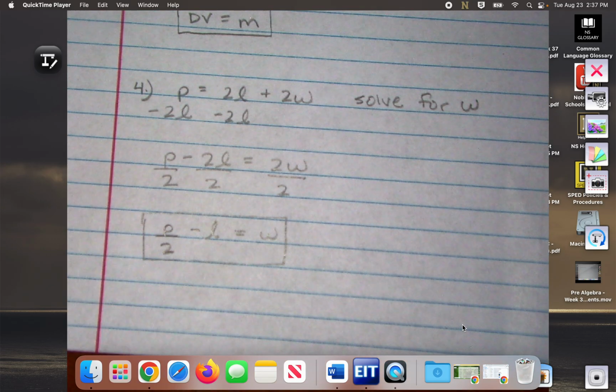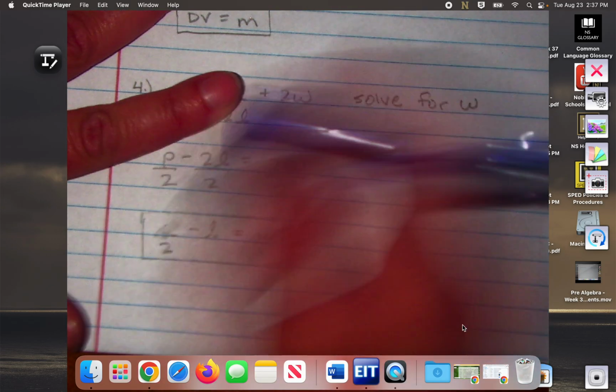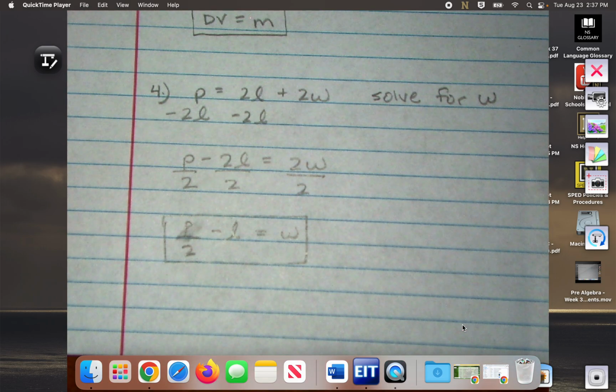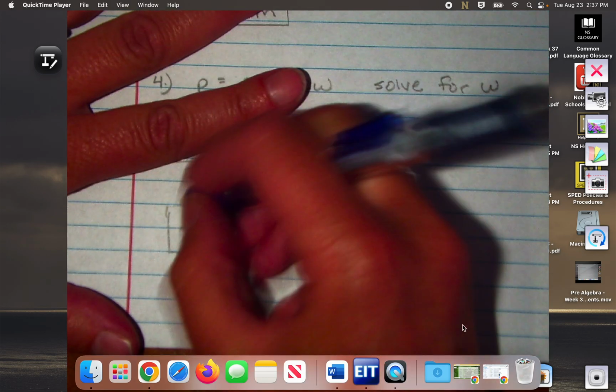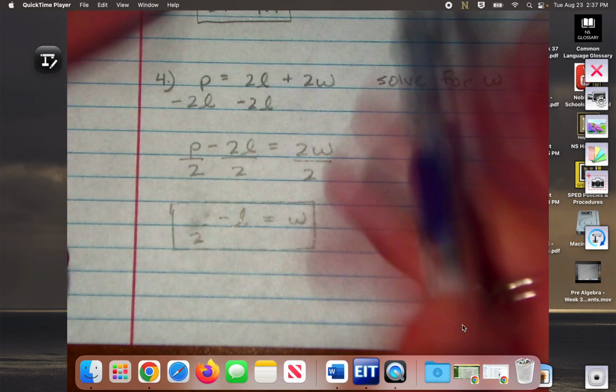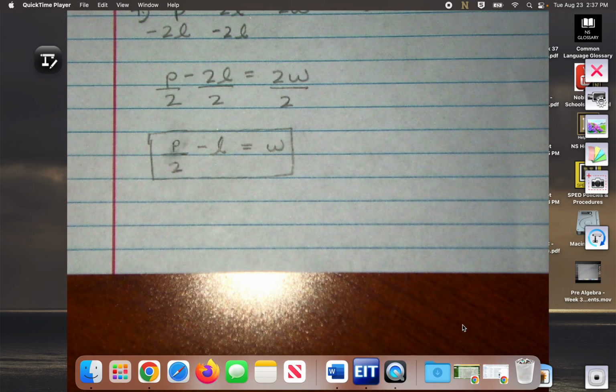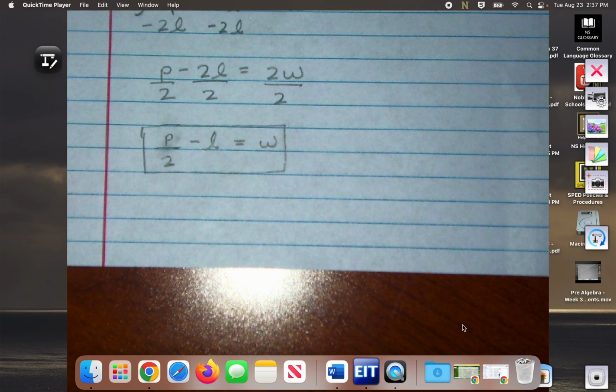Divide everything by 2. This looks like a 0, so I'll make it look more like a P for our friends in the back. 1/2 of P plus 1. Anybody have a question?